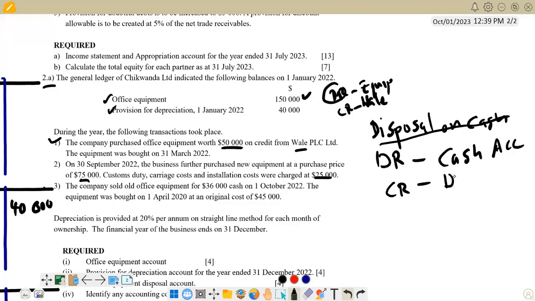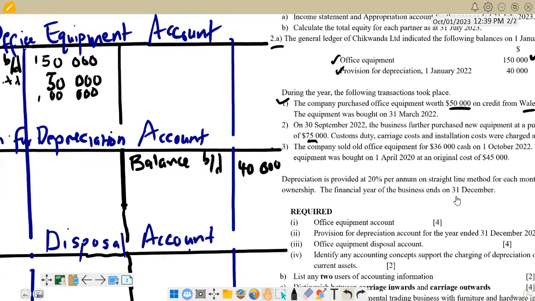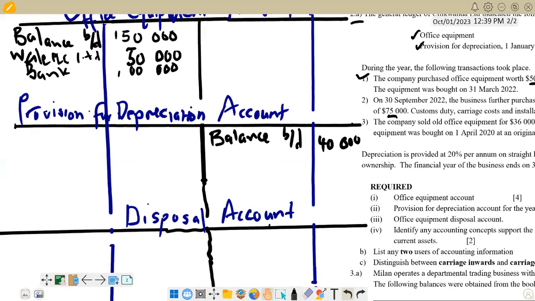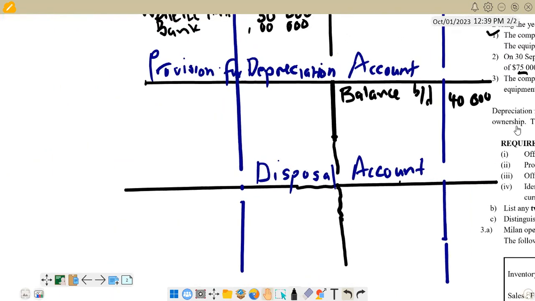According to our question, the disposal is the one that is there in the question, so it's the one we are going to credit with the amount of cash that was received, which is 36,000.